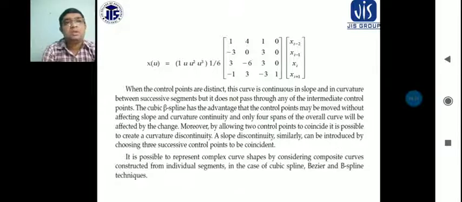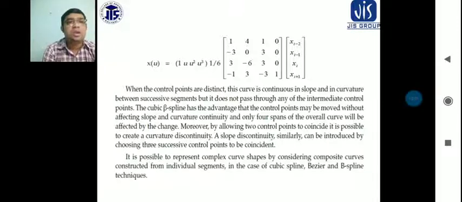The third column is 1, 3, 3, minus 3, and the fourth column is 0, 0, 0, 1. And the other vector is x(i minus 2), x(i minus 1), x(i), and x(i plus 1). This matrix is prepared when the control points are distinct.